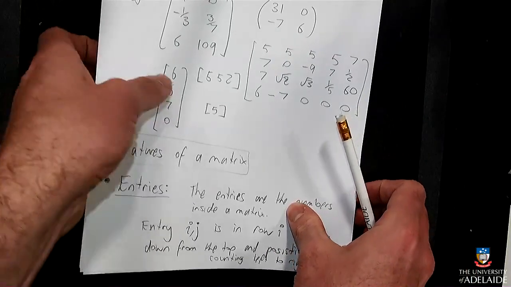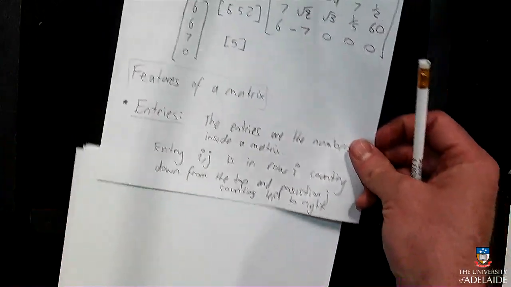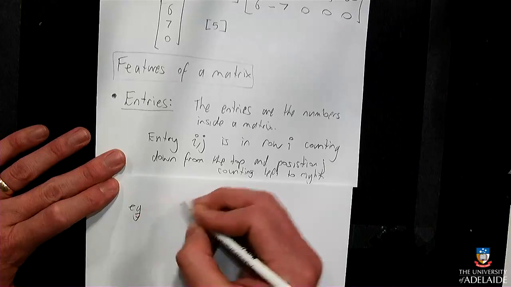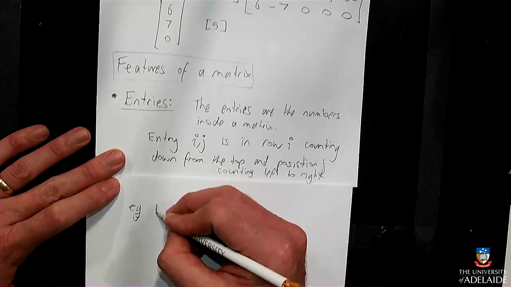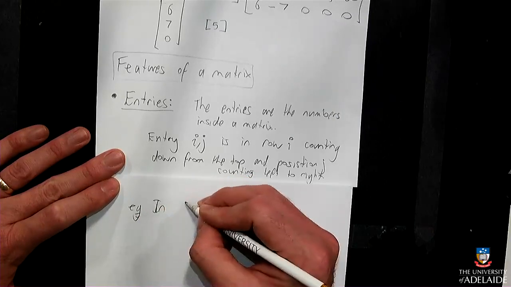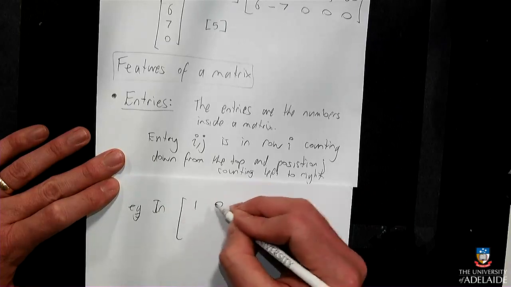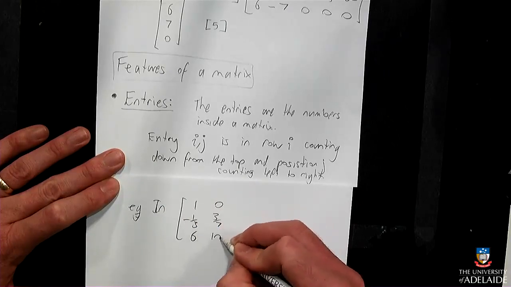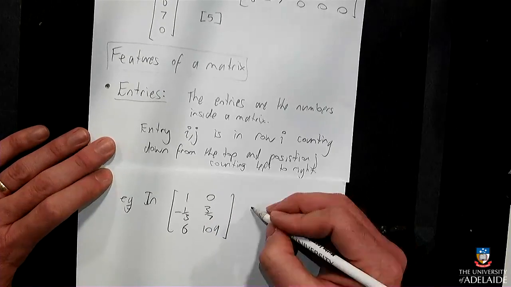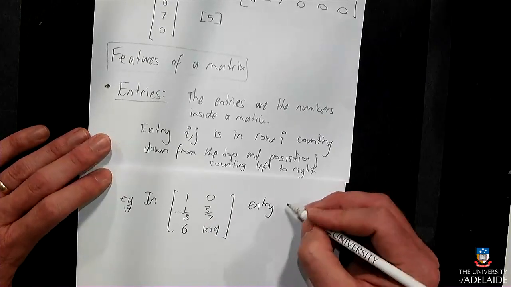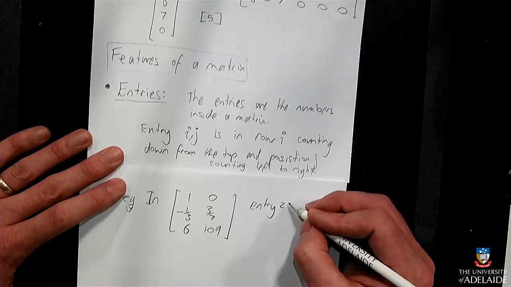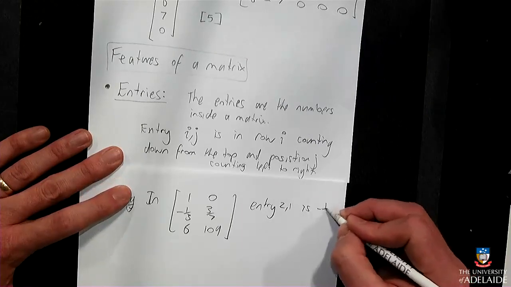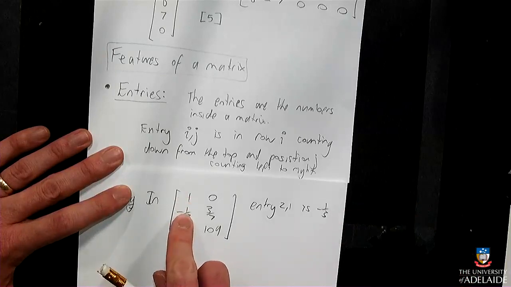Okay. So for example, in this matrix, I'm just going to copy one of the ones I had before. Entry 2,1 is minus a third, so it's in row 2, position 1.